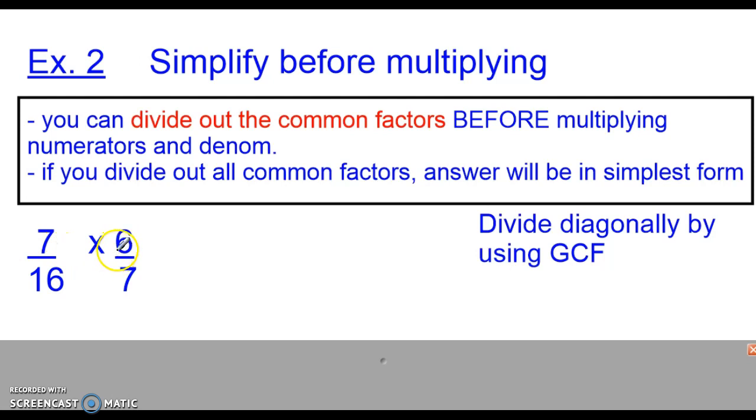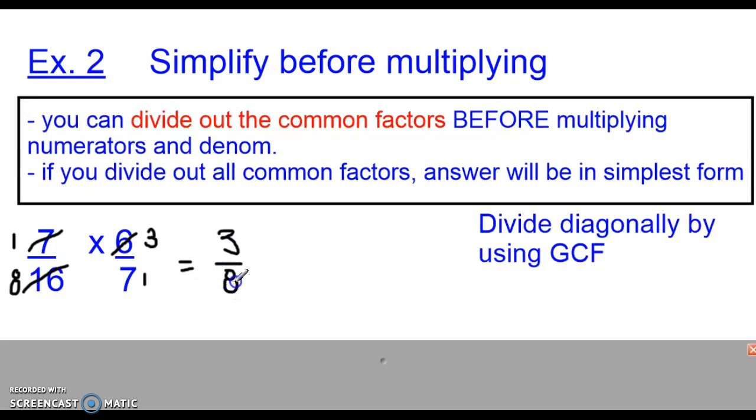If I divide out a 2 from both 6 and 16, that would leave me with a 3 up here and an 8 down here. And for these two, I could divide by 7, which would give me 1 and 1. Now when I multiply, I get 3 over 8.